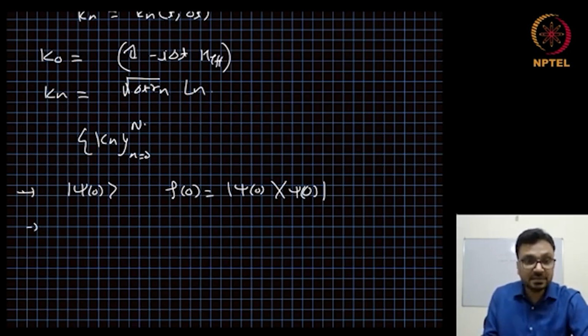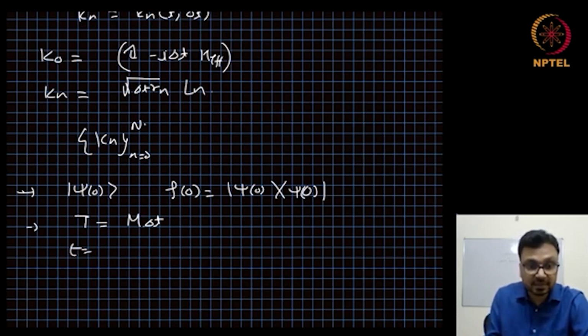Now we have time which is discretized. So we have total time t, which is some m times delta t, where m is some large integer. So now we will talk about time tn, which is n times delta t.